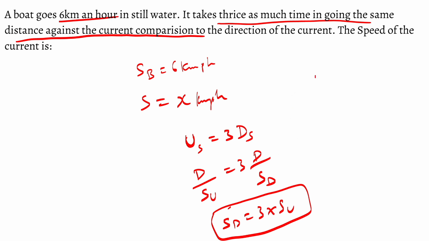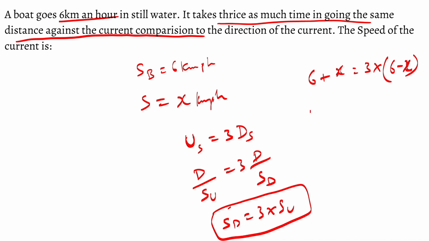What is speed of the downstream? In downstream, as we know, we have to add the speeds, right? So 6 in the first case plus in the second case it is x. This will be equal to 3 into speed of upstream. We have to subtract in case of upstream, so 6 minus x.